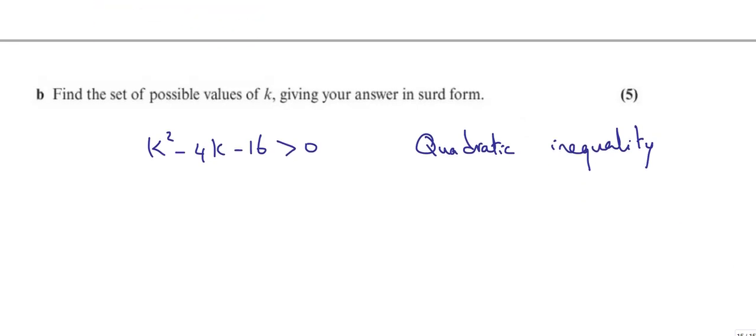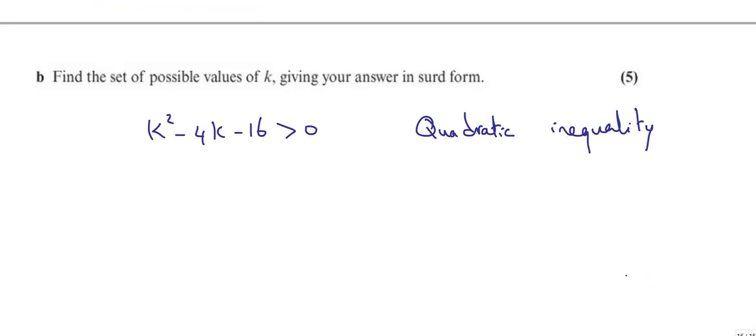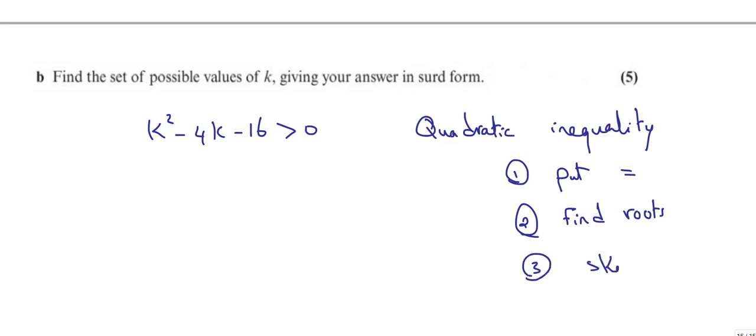To solve a quadratic inequality we can do it using a graphical method. سهل قوي. I'm going to apply 3 or 4 steps and we can do it in a very simple way. ولا substitution ولا calculations ولا أي حاجة. إيه الsteps؟ 1 put equal. 2 find roots, solutions يعني. 3 sketch. 4 solve from sketch.